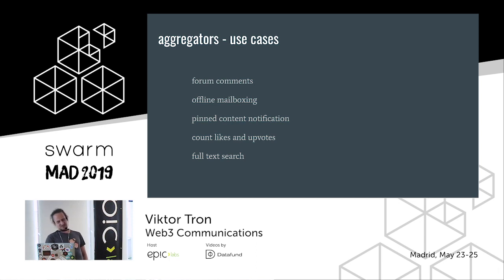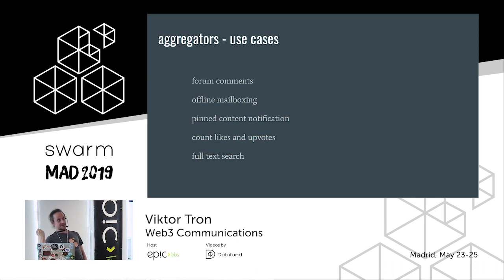A special use case with that, I think we've hit upon that with Danny the other day, is that when you have pinned content, and when we implement pinned content, then when somebody doesn't find a particular content and there's an indication that there's a content maintainer who is responsible for having that content, then you can use this aggregator to notify them without them revealing their actual underlay or overlay address.